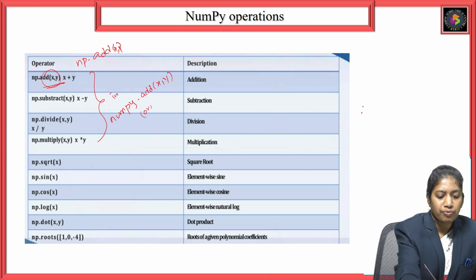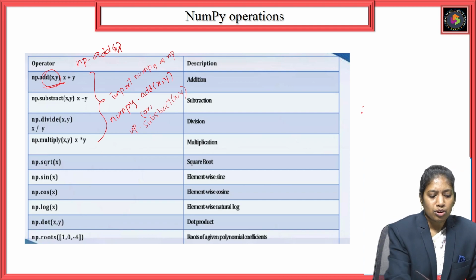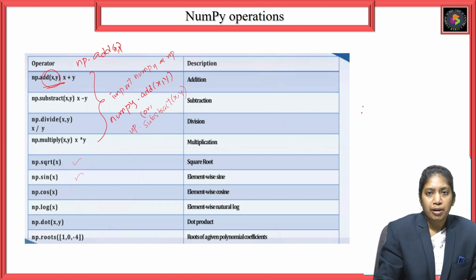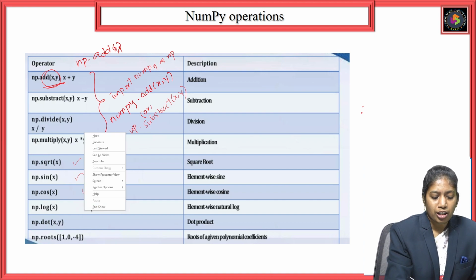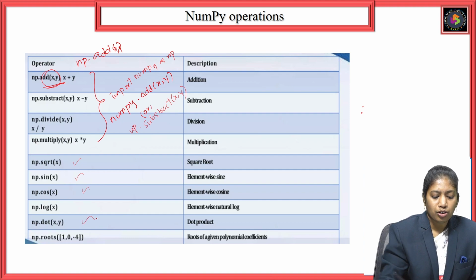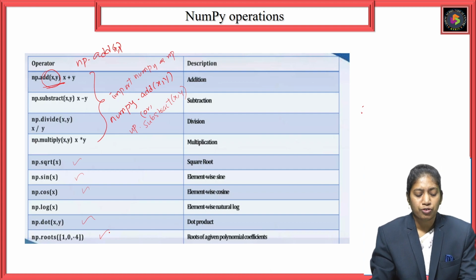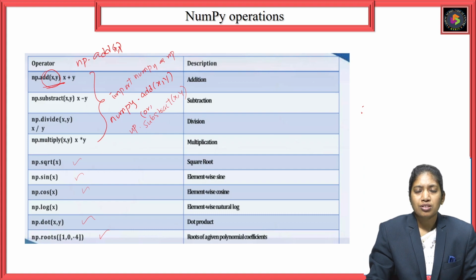If you are using import numpy as np, then I can use np.subtract(x, y). There is also np.sqrt(x) for the square root value, element-wise sine, element-wise cosine, log for the logarithmic operation, dot(x, y) for the dot product, and roots for the roots of a polynomial given its coefficients. So this is about NumPy operations. These are some of the basic information about NumPy.